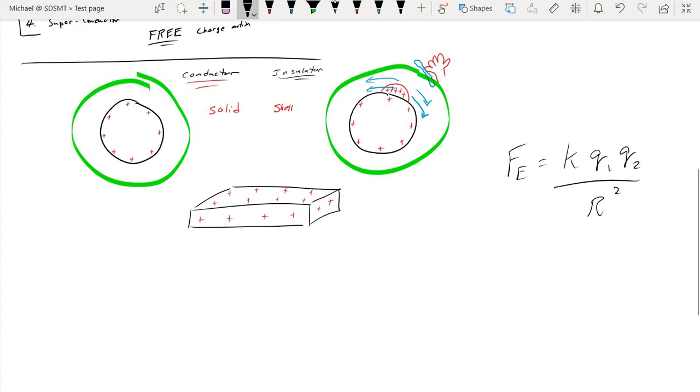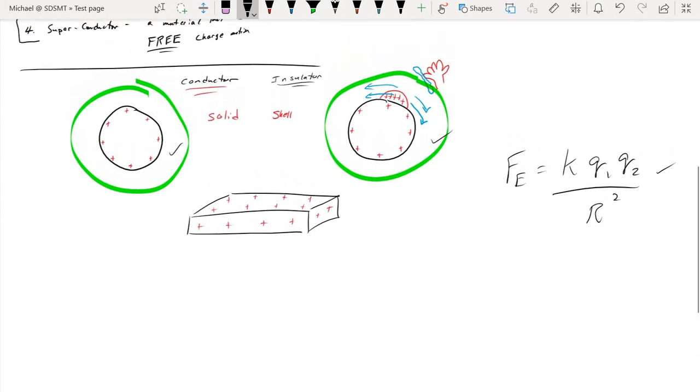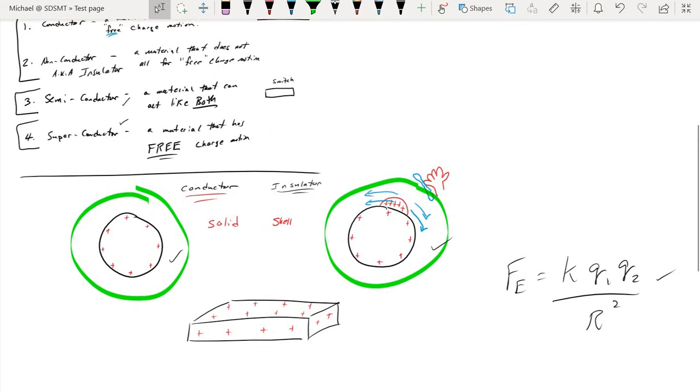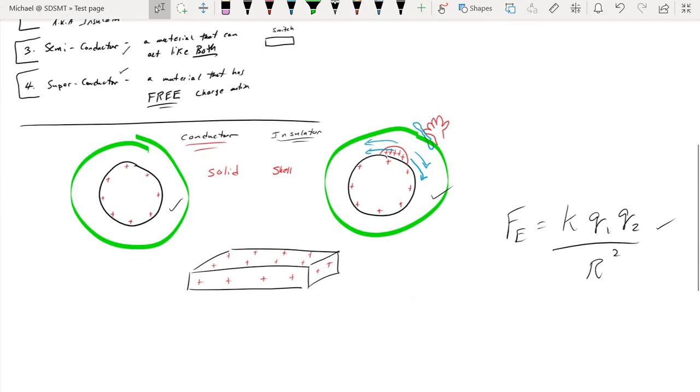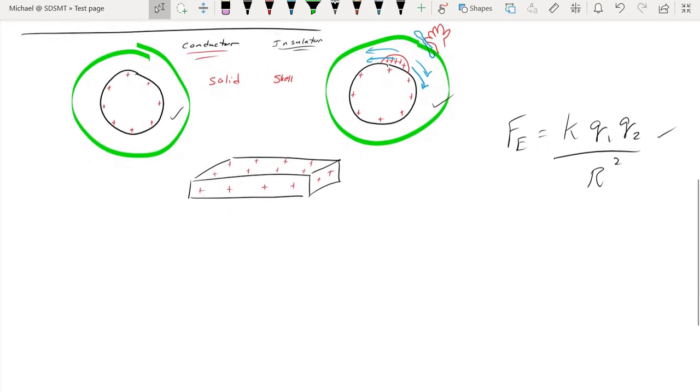Now we're talking about having large macroscopic collections of charge, which could be tens of millions or billions of individual particles, and we just don't have the time to sit around adding all of those up. So we need to find a more effective means of mathematics to tell us what is happening with these systems.